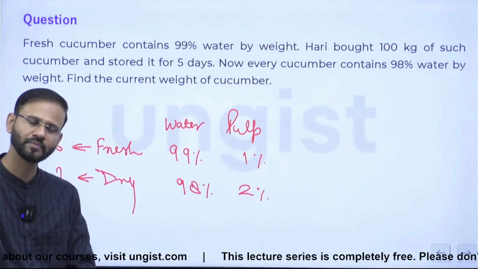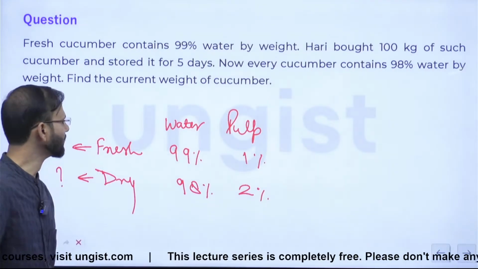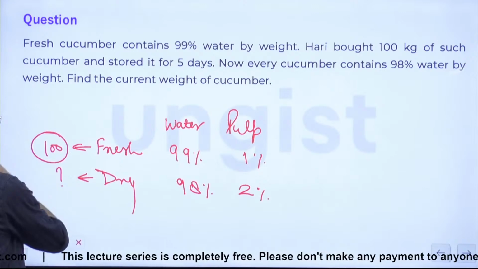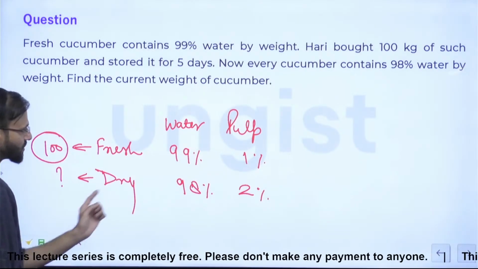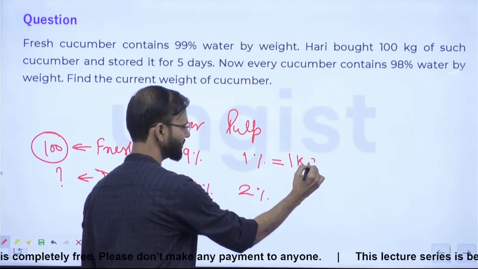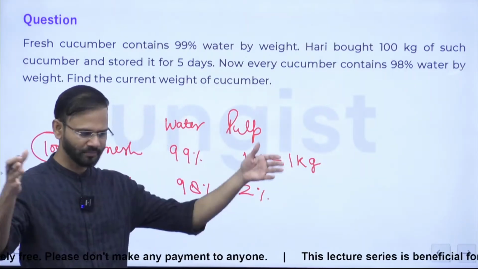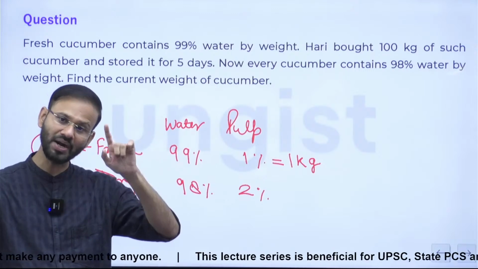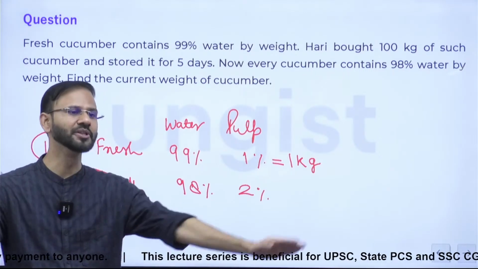Guys, is it clear? After that, the weight of the fresh stage given in the question is 100 kg. Pulp will remain constant, so 1% of 100 kg is 1 kg. In that big packet of 100 kg, we have only 1 kg of pulp, and that 1 kg will always be there.